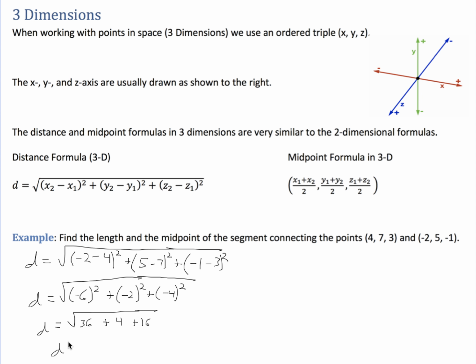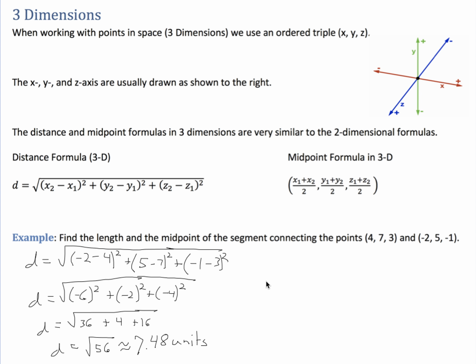Add those together, 36 plus 4 is 40, plus another 16 is 56. So with the square root of 56, if we approximate that using a calculator, we get 7.48. So we found the length, 7.48 units.